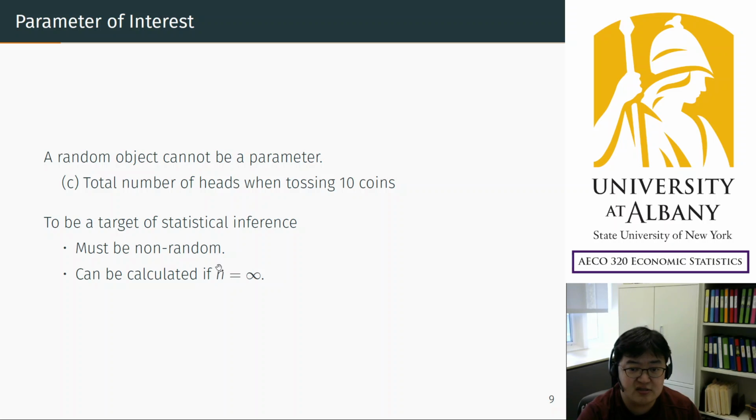But it is unknown because we cannot observe an infinite sample, right? Tossing 10 coins is not infinity. It's just a finite sample. If you changed it to the expected number of heads when you toss 10 coins, then that makes more sense. That is a parameter. But just the number of heads is random, so it cannot be a parameter.